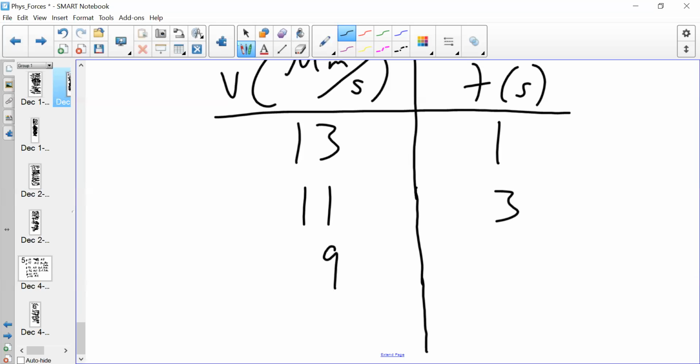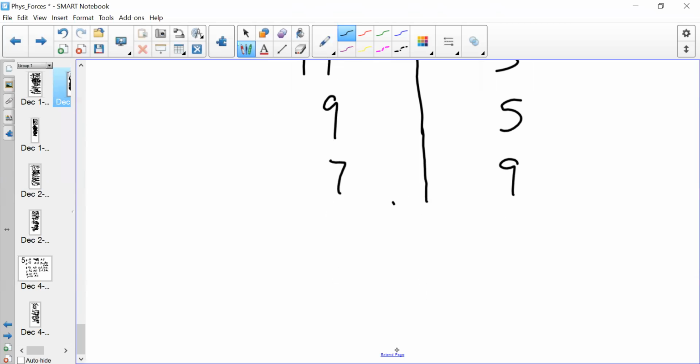I have 9 at 5, 7 at 7, and of course, you can see the pattern, 5 at 9, going down by 2 for every 2 seconds. So we can see that's going to be -1, right? As long as the gaps are proportional, we're going to get the same value that we got in the previous example, but it's not meant to be that way. It just happens to be that way. So that's our data table for the velocity.